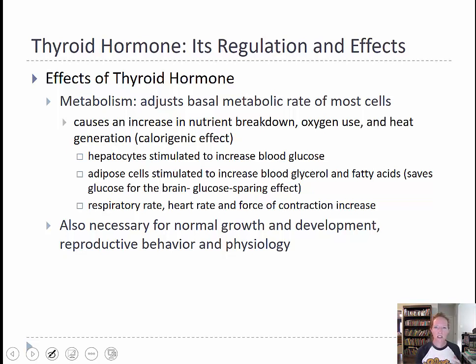So if for some reason an individual does not have enough thyroid hormone, then their skeletal system might not grow correctly, their nervous system might not grow correctly, there might be some reproductive issues later on in life or at that point in their life. So that's why thyroid hormone is so important, not just for regulating metabolism, but also for other necessary growth and development, especially for fetal development as well.